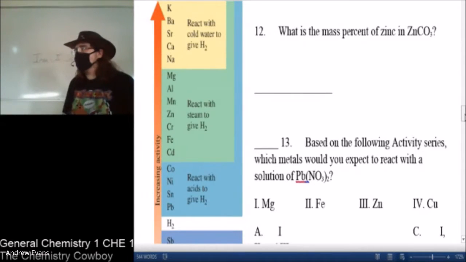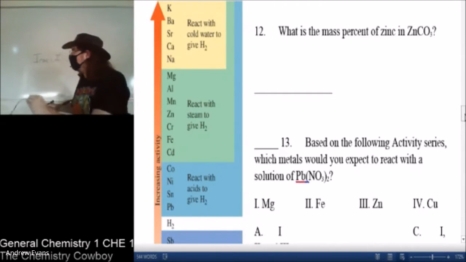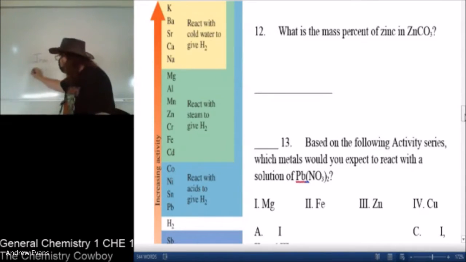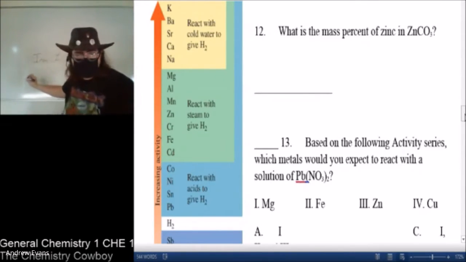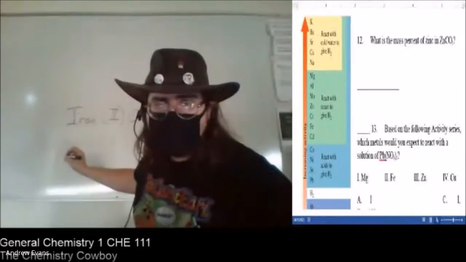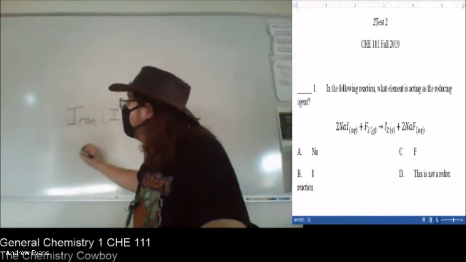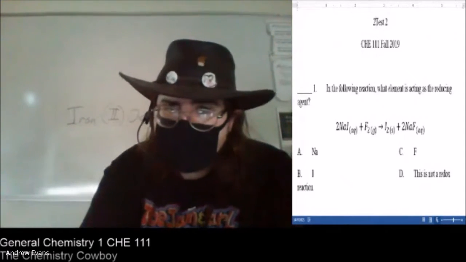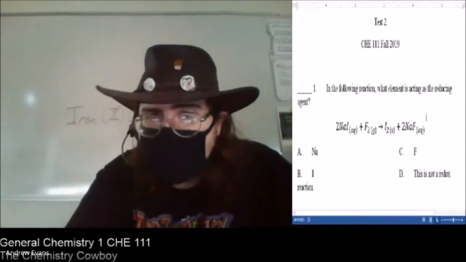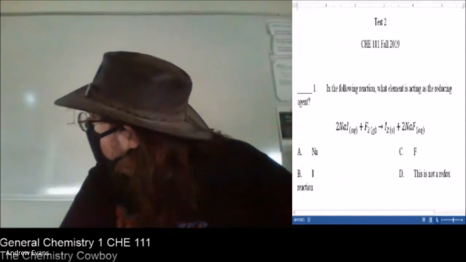You're only looking at the important aspects, not like the beaker it's in or anything like that. So in this case, we want the mass percent. I'm going to go to board work. Oh, geez, it jumped all the way to the top. Sorry, I know what's doing that.